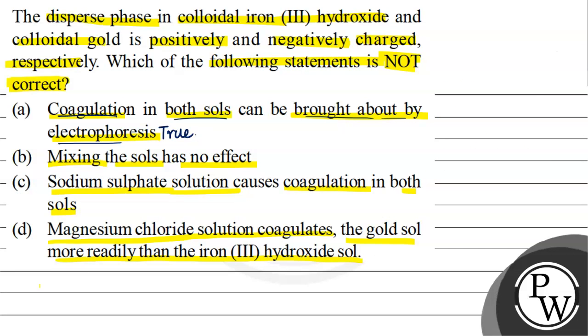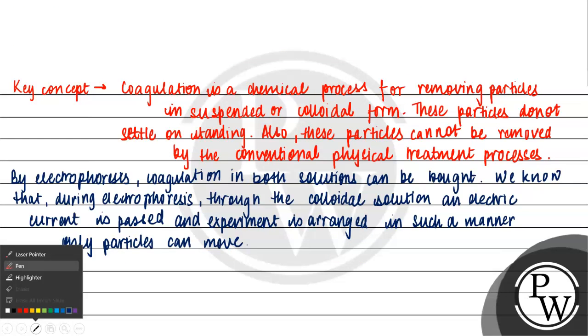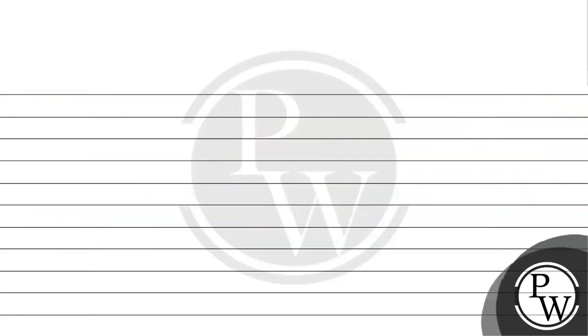Now let us talk about our B option. B option कह रहा है mixing the salts has no effect. तो अगर हम देखें अपने सेकंड ऑप्शन को, सेकंड ऑप्शन हमें कह रहा है by mixing the salt it has no effect.